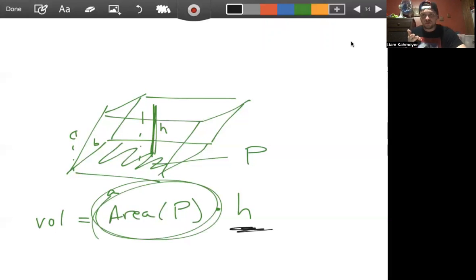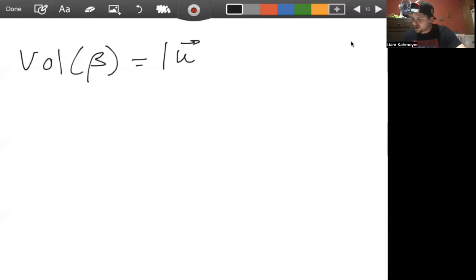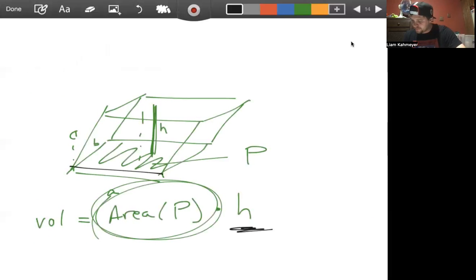To account for the height and to calculate the volume, we use the following formula. The volume of the box beta is equal to the absolute value of, so let's say here, the side with length A is a vector u, and with B, vector v, and here's some other vector w.